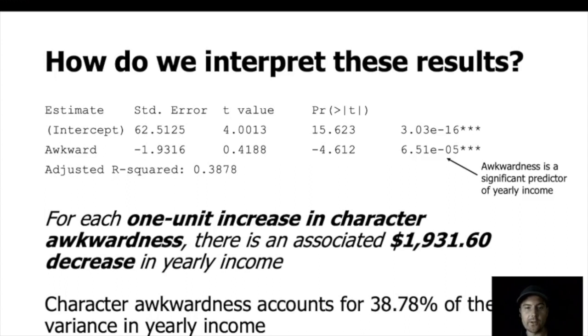For each 1 unit increase in the awkwardness, there's an associated $1,931 decrease in yearly income, and awkwardness accounts for 38.78% of the variance in income. I'm really hitting on this hard because this is going to come up the whole class. This is one of the core concepts I want you to take away from this course, is how to interpret that output. If it's not making sense to you, make sure you reach out.